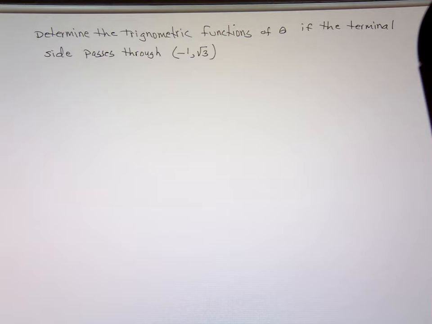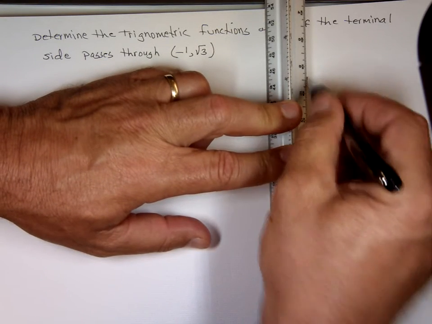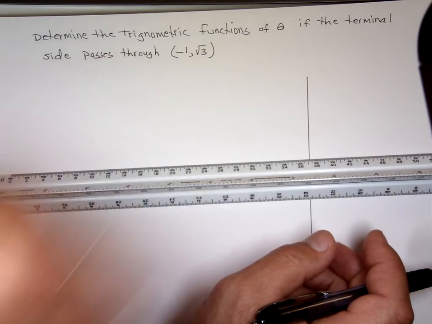That point tells me which quadrant I'm in. -1 comma square root of 3.